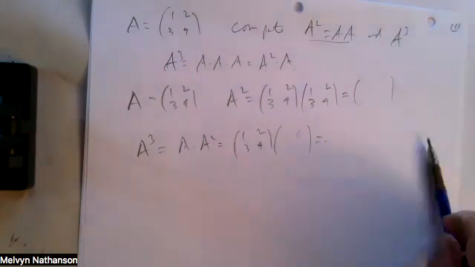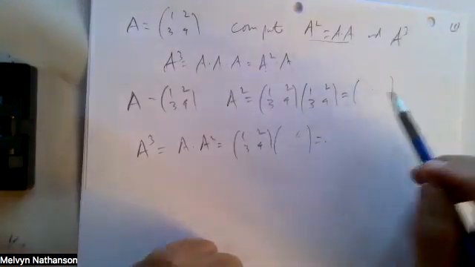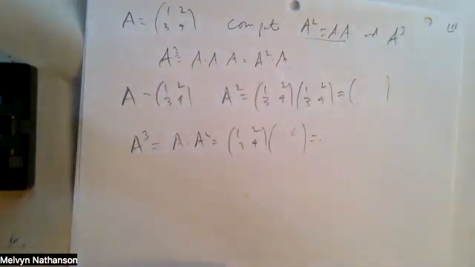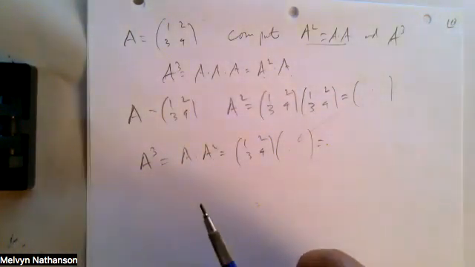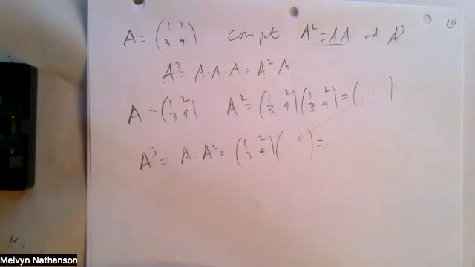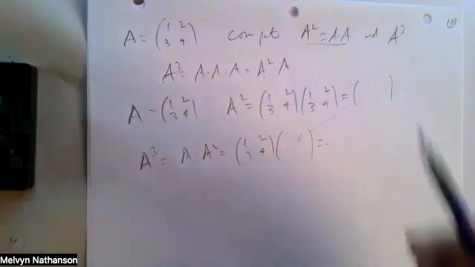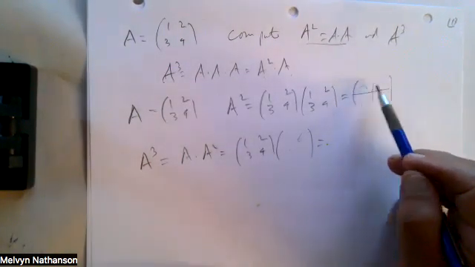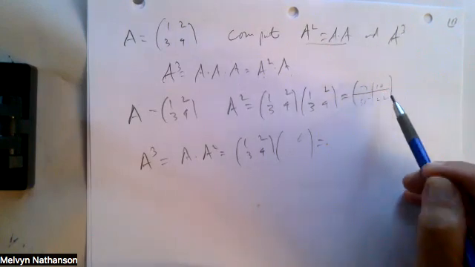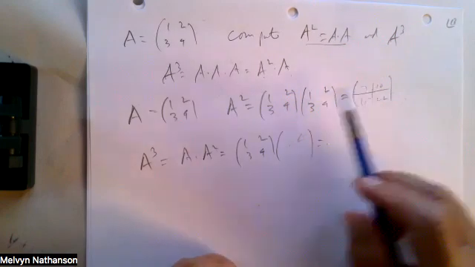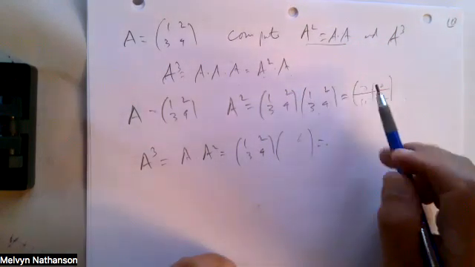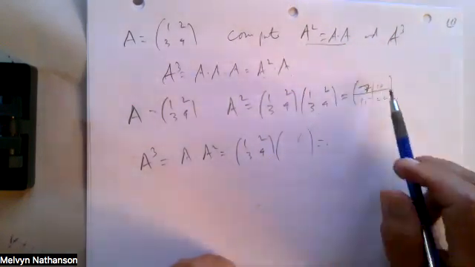So, did anyone calculate this A squared yet? I got 7, 10, 15, 22. Let's see. For the first row, first column, 1 plus 6 is 7.